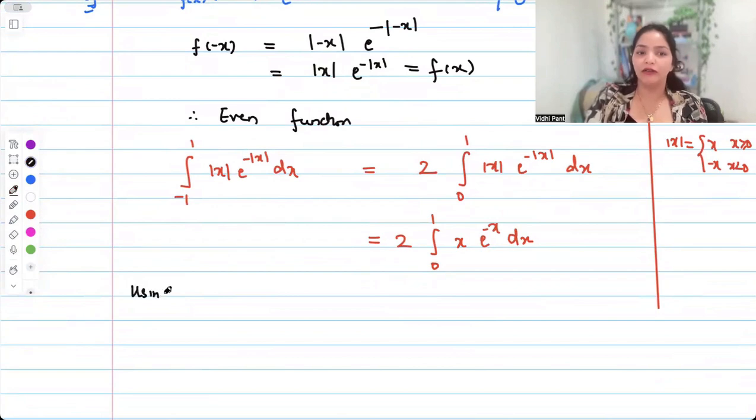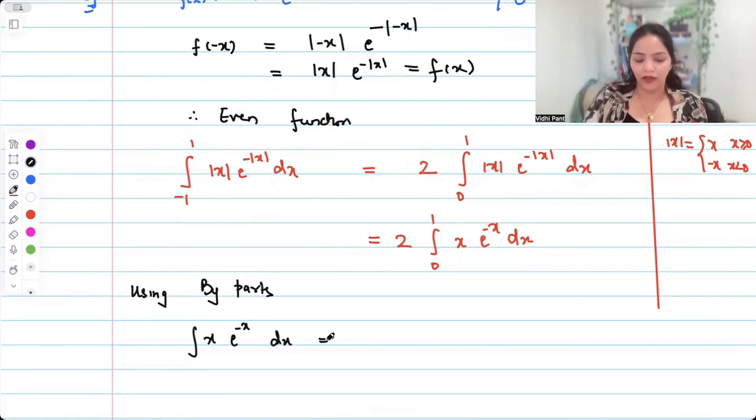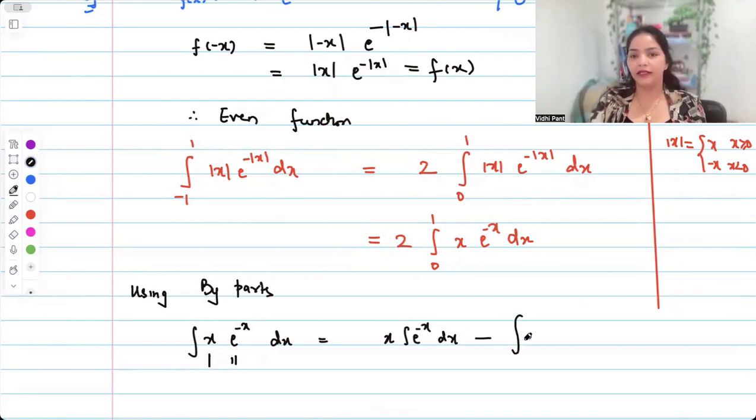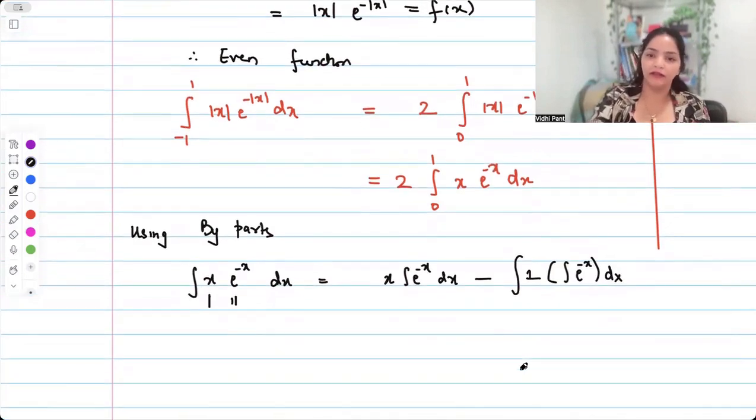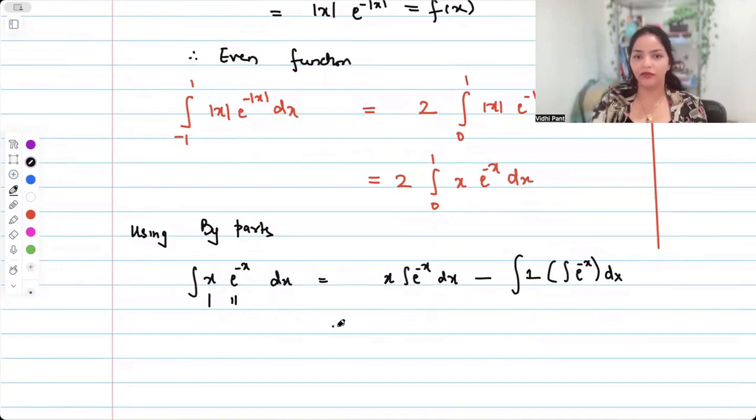So using by parts, just try to solve the integral x e to the power minus x dx. So this is 1 and this is 2. So 1 as it is, integral of the second, minus the derivative of the first multiplied by the integral of the second, the entire, then again integral, so dx.